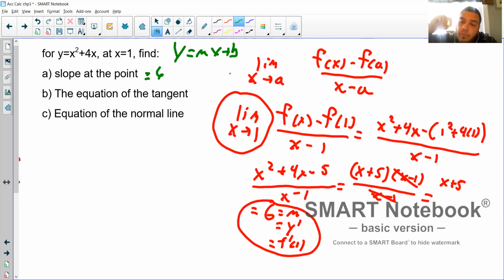But we could just use a point and a slope and use the point slope form to make our lives easier. If you don't remember what the point slope form is, it is y minus y sub 1 equals m times x minus x sub 1, in case you don't remember.